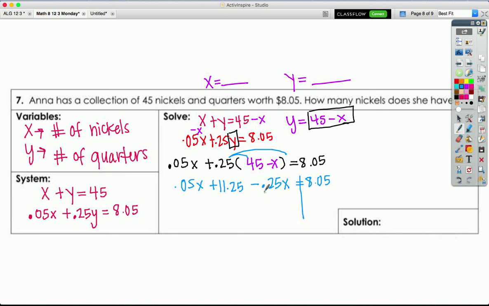On the left side, we have like terms. So 0.05 minus 0.25 leaves us with what? Negative 0.20. And bring down the rest of my equation. From here, what should I do next, Olivia? Minus 11.25.